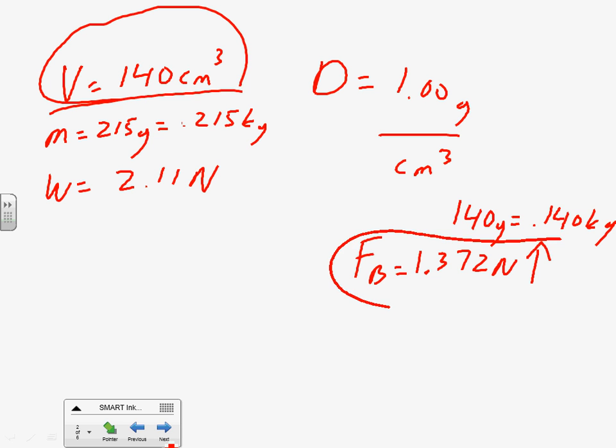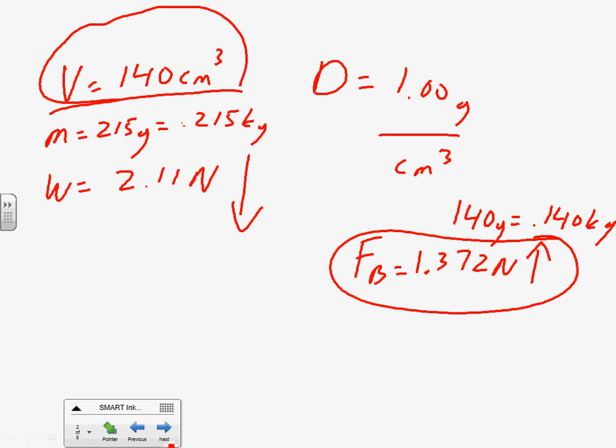So we've got this force acting up, but we also have a force acting down. The weight's acting down. Notice that those two are not equal. The weight's bigger than the buoyant force. So this should tell you that this thing is going to sink. It's going to accelerate downward.